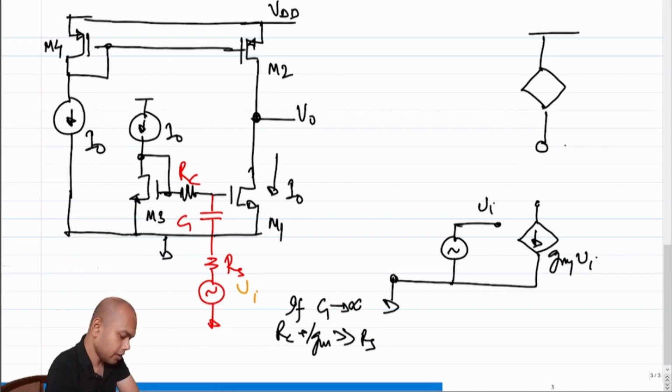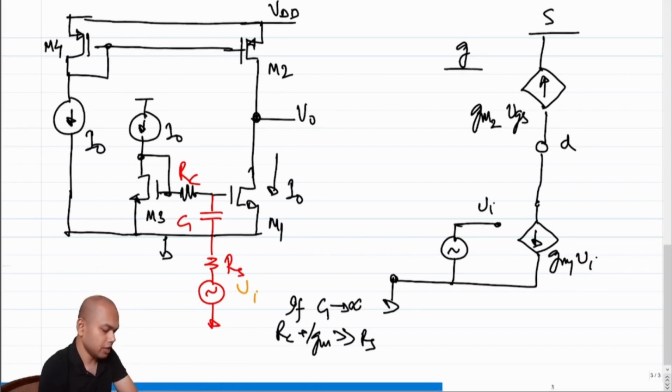So this is the drain, this is the source, this is GM VGS moving upwards, right? And this is the gate, and this drain and this drain are connected together, and let me mark it as GM2 VGS. Okay, instead of saying VGS all the time, let me call this VG2.